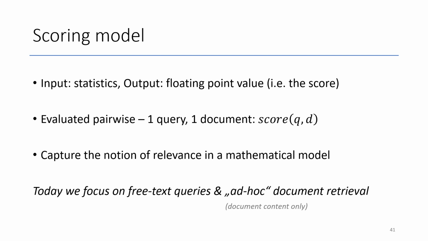And today we focus on free text queries and so-called ad hoc document retrieval, where we only look at the document content and not at possibly other values such as page rank, recency, or click counts, etc.